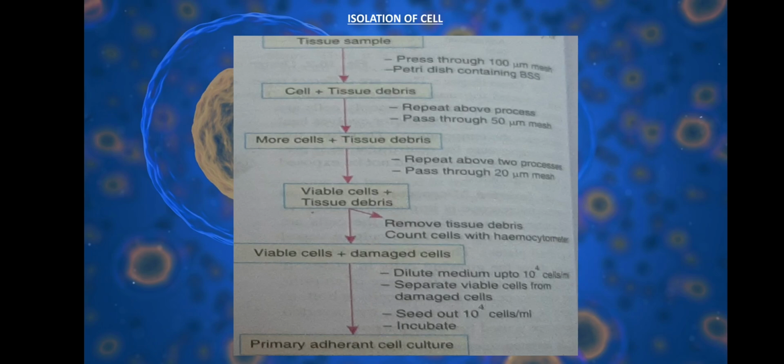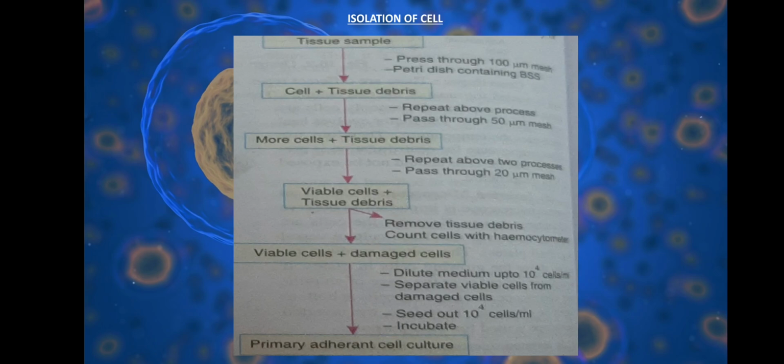Now it forms cells plus tissue debris. The above process is repeated, and the substance is passed through a 50 micrometer mesh to obtain more cells plus tissue debris. Repeat the above two processes and pass through a 20 micrometer mesh. Now we can obtain viable cells plus the tissue debris.